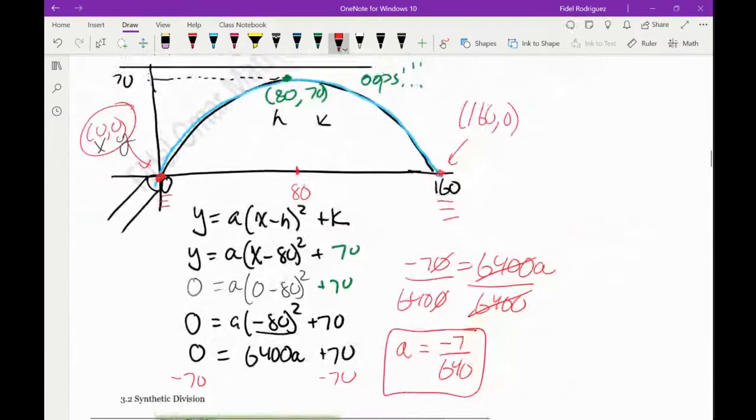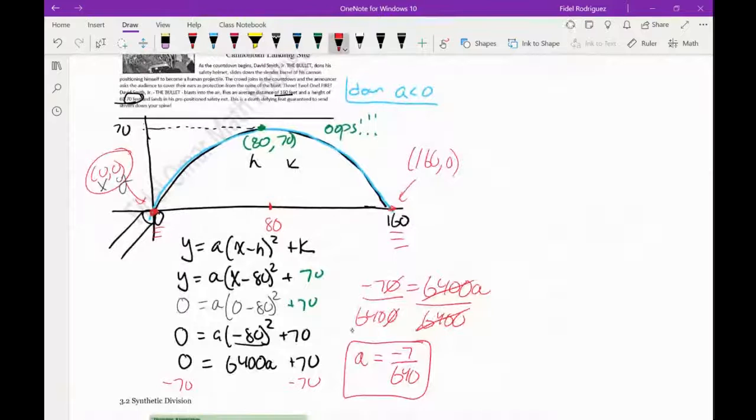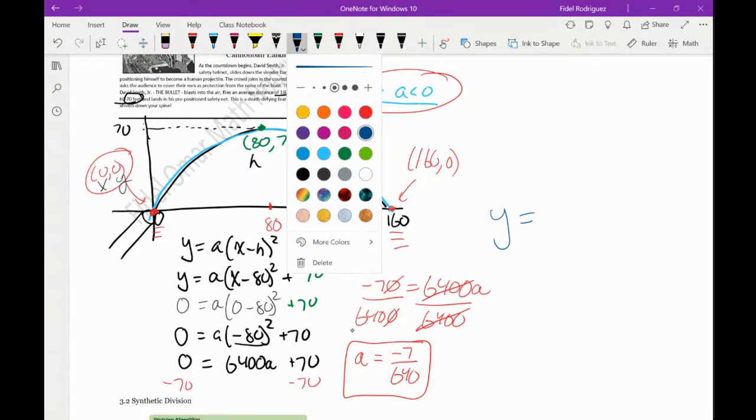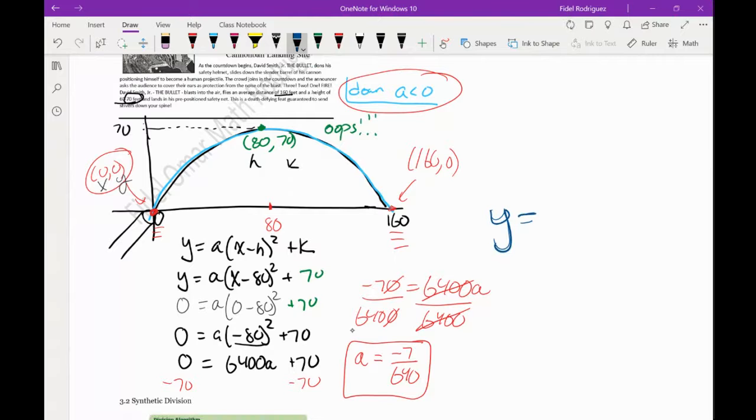And I want to point out what we said earlier. We said that our graph was going down, so our number A was going to be negative. And so when I write out my equation, use a marker that's a little thicker, or make this one a little thicker. There we go. So we're going to say Y equals negative 7 over 640, and I'm coming back to this equation right here, y'all.